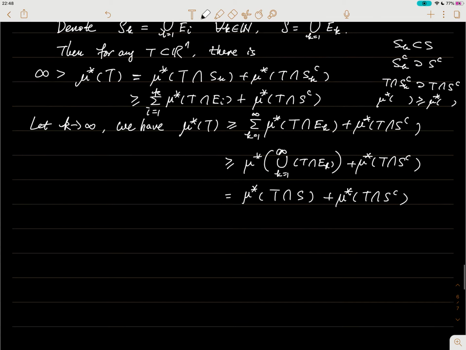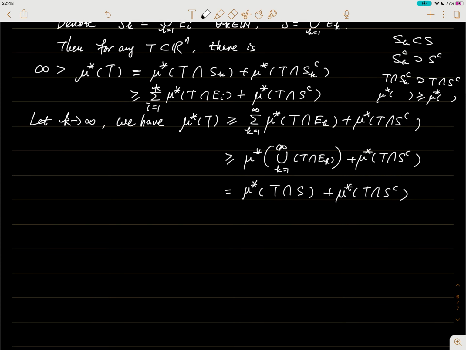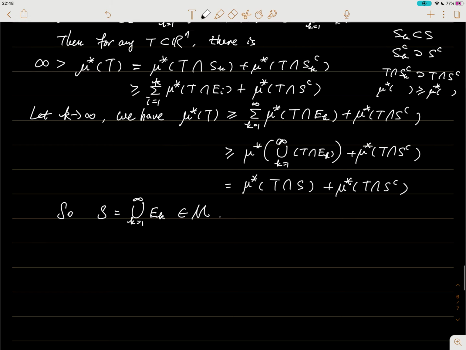And that's how we showed that for any test set T, we will have this greater than or equal to this. And that means that S is measurable. Okay, so S, as the union of those E_k's, is measurable.